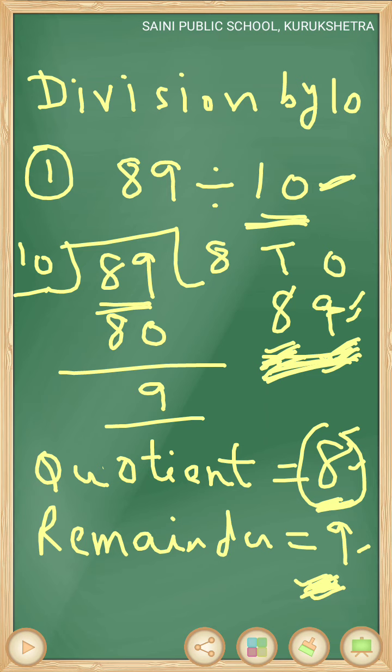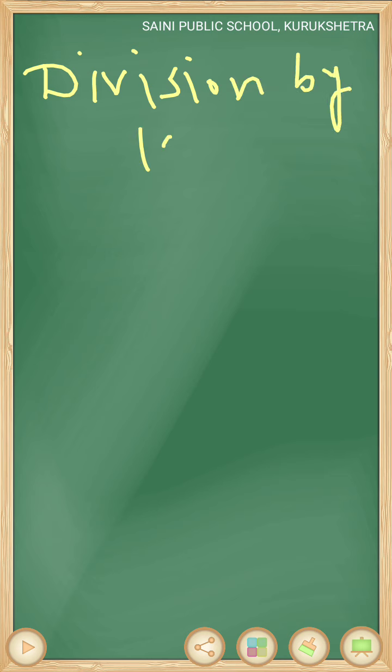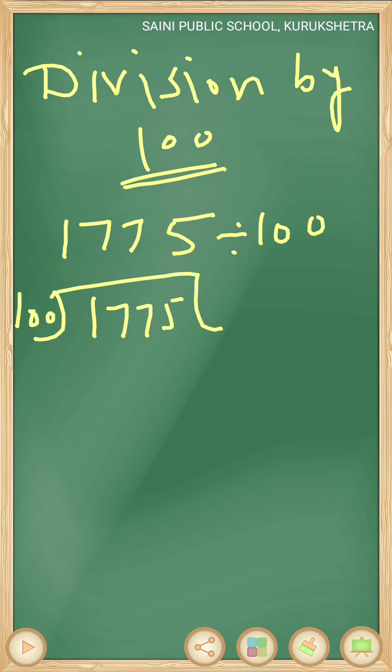Now similarly, division by 100. In the same way we will perform division by 100. For example, here is a question: 1775 divided by 100. When you divide this number by 100, here is 100.